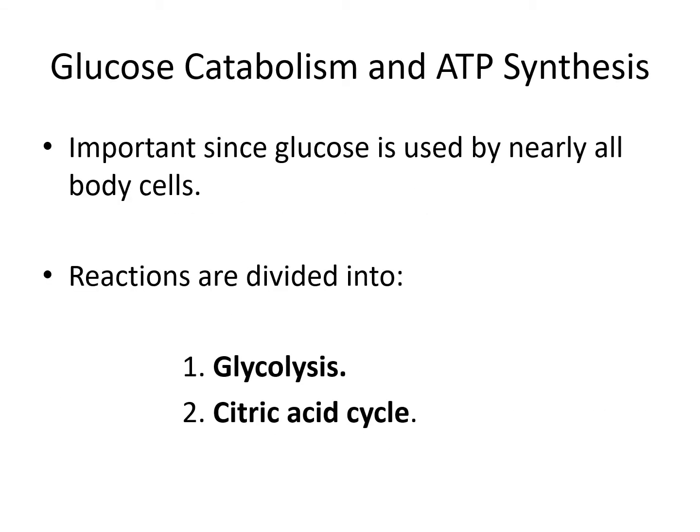Okay. Now, glucose catabolism is important because nearly every cell in the body is going to use glucose. And the reactions are divided into 2 subdivisions. One is called glycolysis, and the other is called the citric acid cycle.